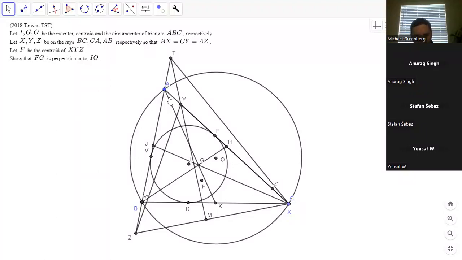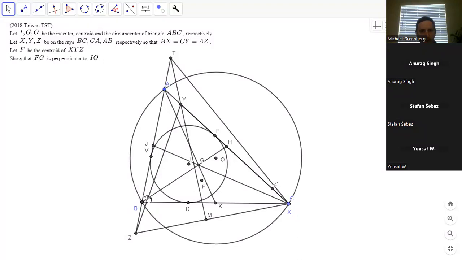And then y I could leave at y, and then z is AZ equals BC and BT equals BC.